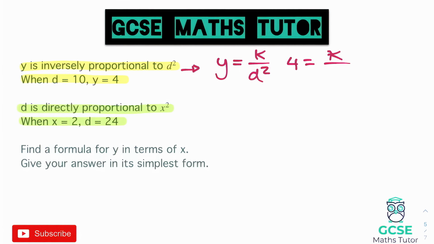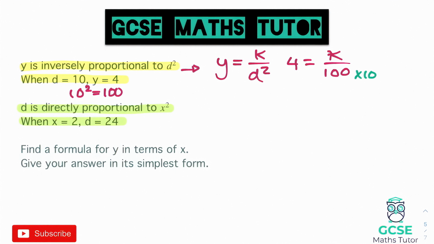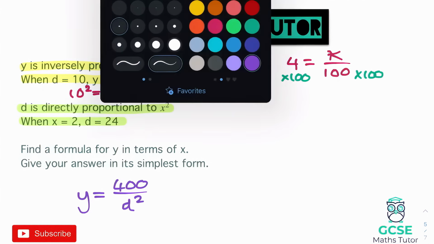And the working out to the side, we've got 10 squared, which equals 100. So k over 100. Let's rearrange that, so times both sides by 100, and we get k is equal to 400. And again, we can write our formula for that, so let's write y is equal to 400 divided by d squared. There's our first one done.